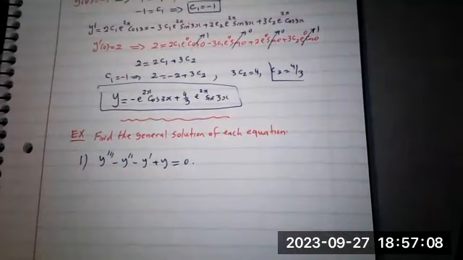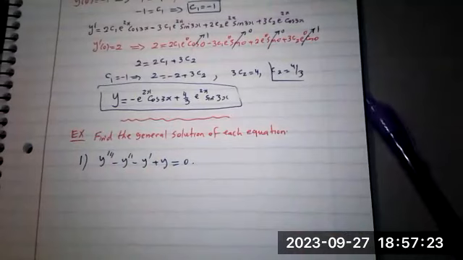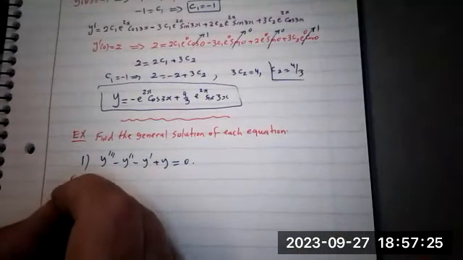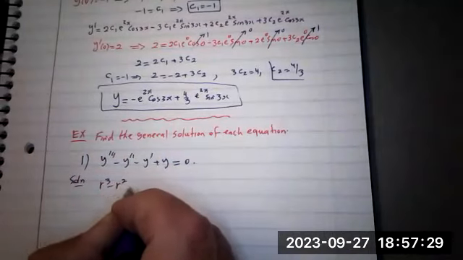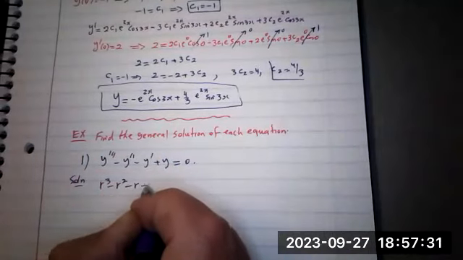It's a homogeneous equation of the third order. Change it to the characteristic equation. What's the characteristic equation for this one? r cubed minus r squared minus r plus 1.